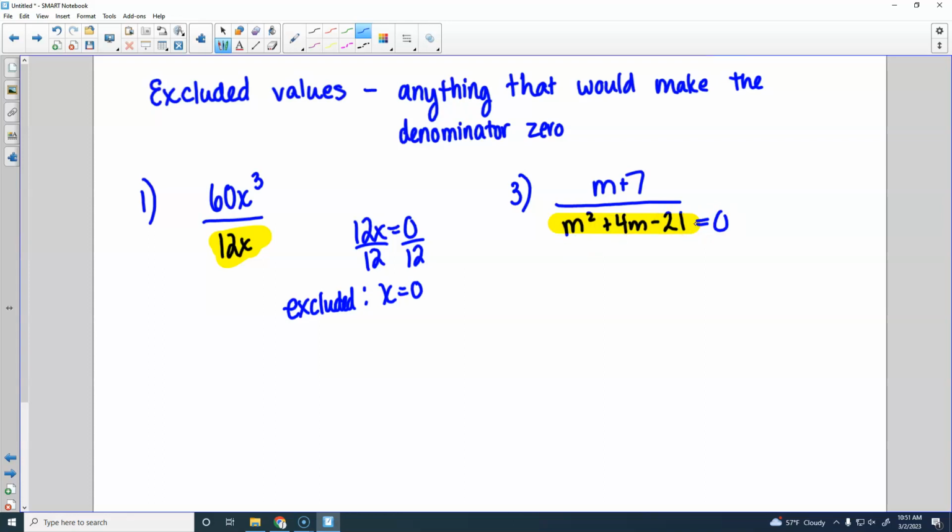We could use the quadratic formula, but I believe this one is going to factor, and I think most of them will factor that you're going to see here. So if we factor, we would have m plus 7 and m minus 3, I think, for that. And remember, that is our factored form, but for our actual numbers that are excluded, we would have m equals negative 7 and m equals positive 3. Those would be our excluded values.